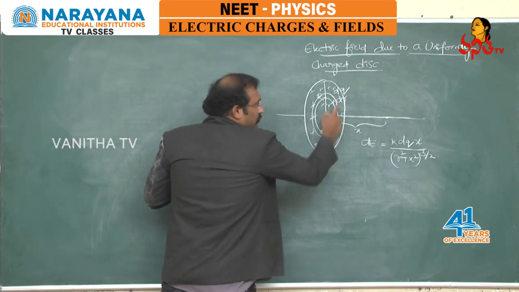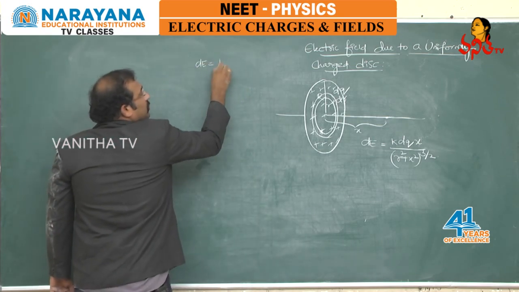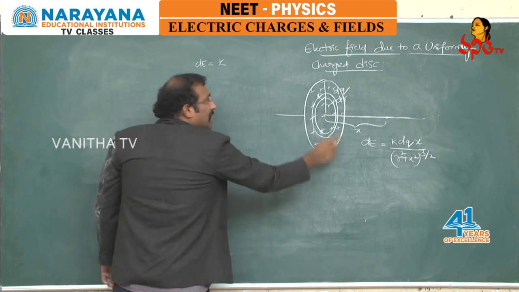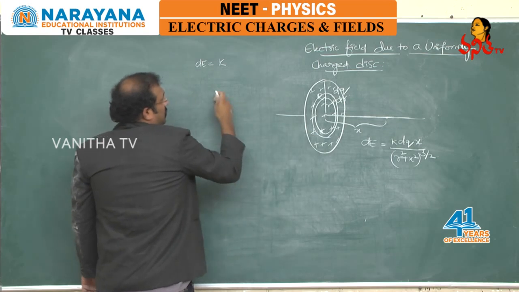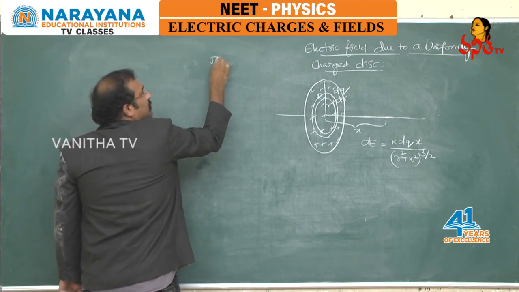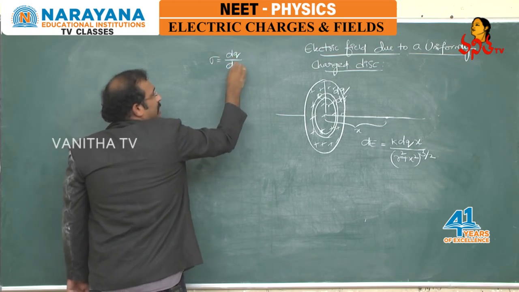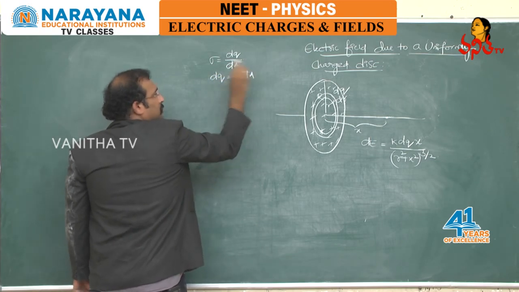Now, what is this dq? So dE is equal to k dq. Since it is a charge density, surface charge density, I will write sigma is equal to dq by dA. dq is equal to sigma into dA.